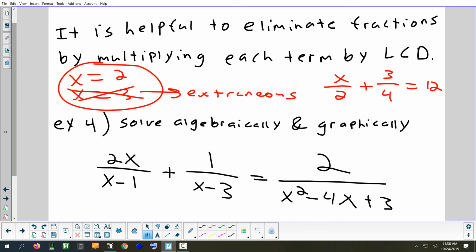Well, if you multiply everything by 4, which is the LCD, you'll get rid of all your fractions. This number is going to get a lot bigger, but at least if you multiply by 4, you're going to cancel out the fraction there and there. What we're going to do right here: we're going to multiply everything by the LCD to cancel out my fractions. And we're usually going to end up with a quadratic. That's why I said you're going to have 2 solutions.